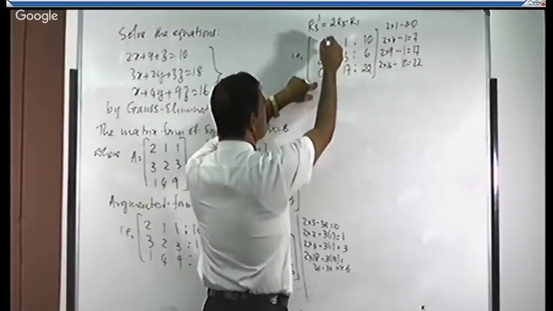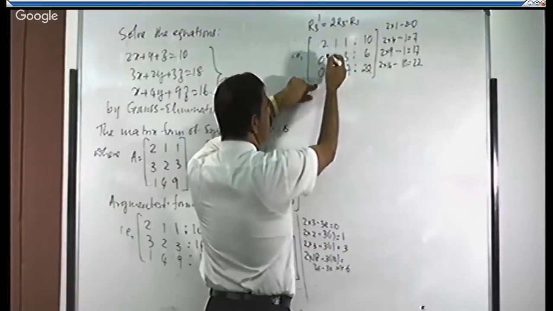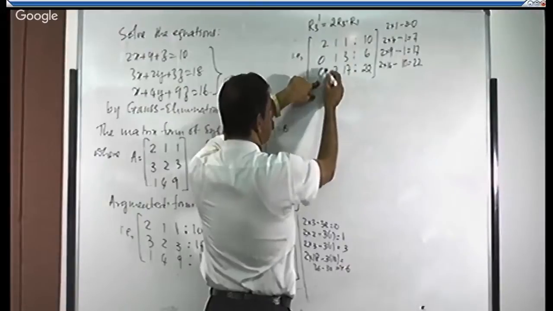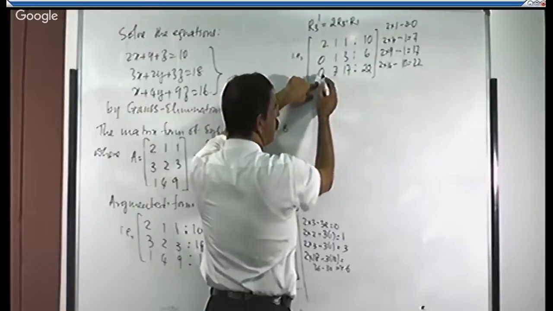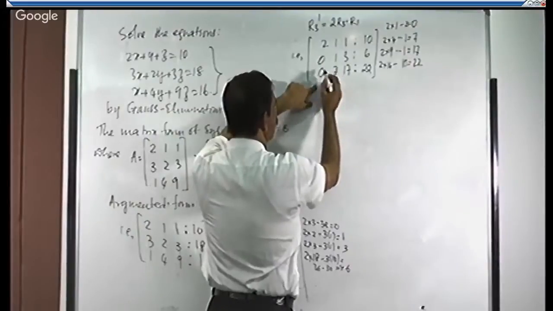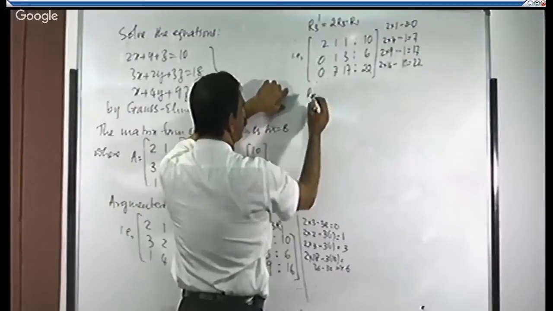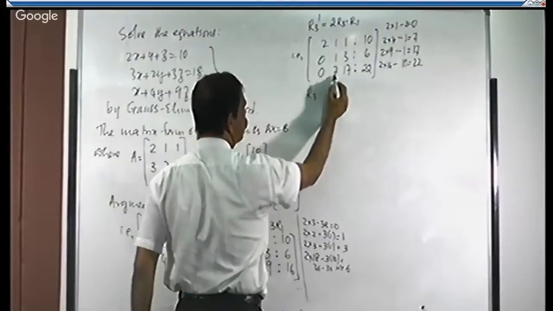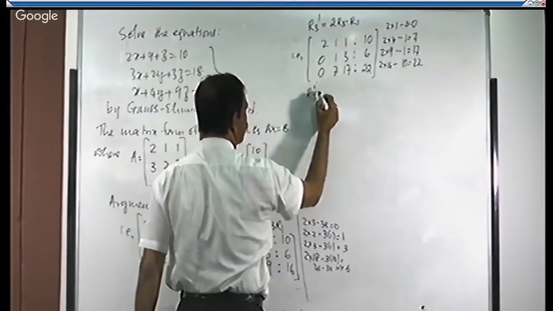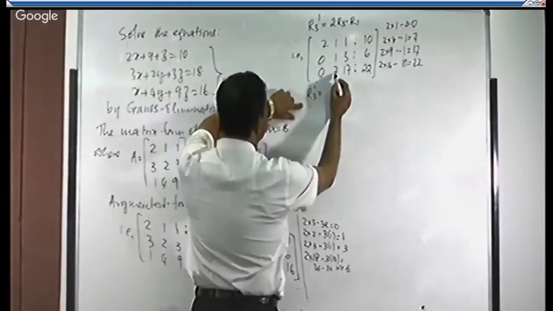If you use it for first row, this 0 will also change, right? 2 times of anything, you will get some value. Therefore, you just make a rule with the second row only. Again, to make this element into 0, I'm forming a rule.